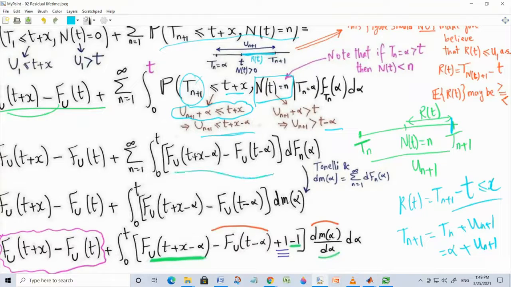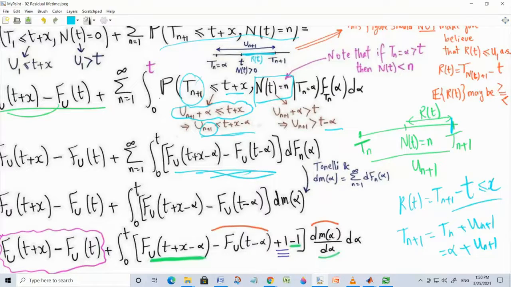And so this can be written in terms of the CDF. Note that the fact that we have U_{n+1} here is not important, because the inter-arrival times are identically distributed. Regardless of n, the distribution is the same, and so this probability is just the difference between the CDFs. But again, we have an infinite sum and an integral.